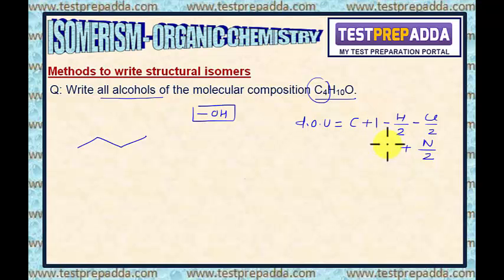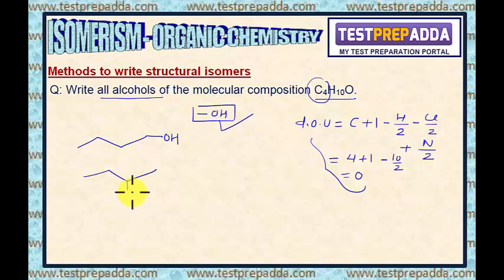You can see number of oxygen atoms is not there, so it will be 4 plus 1 minus 10 by 2, that comes as 0. So degree of unsaturation in this compound is 0. So no double or triple bond. Simply you have to place this OH at different positions. So OH I can place here, OH I can place here.